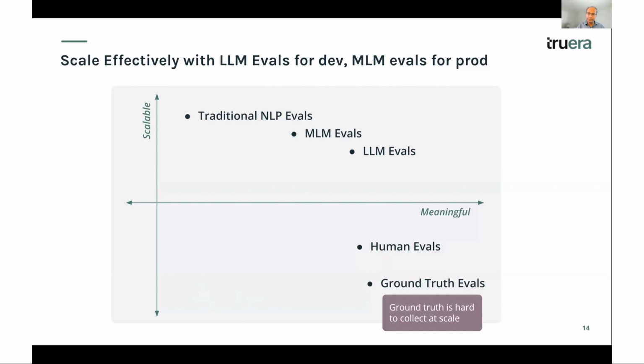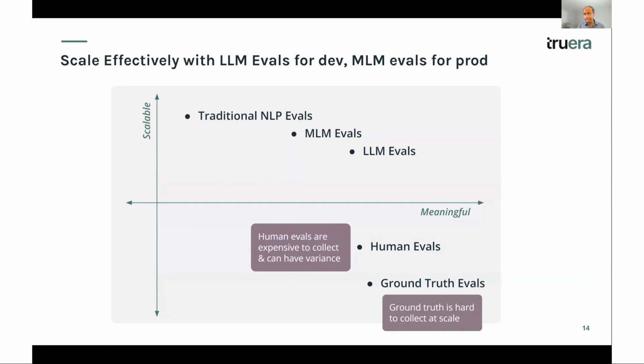Once the application was rolled out in pilot mode to a set of financial advisors, they started getting human evaluations from the users of the system, who were the financial advisors. The distinction between these two buckets is that over here, it's the true experts who are creating these curated data sets. Human evals come from the users of the system, who also will often have domain expertise and will be able to provide feedback, thumbs up, thumbs down kind of signals, or even more detailed feedback.